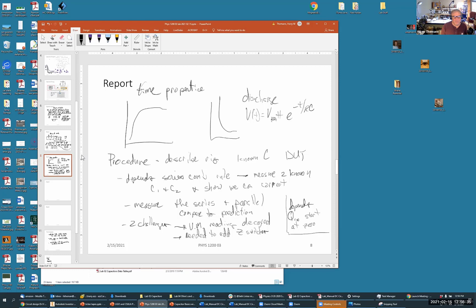Whenever we take any of the measurements, we assume that the cap started at 0 Q. When it comes to the time measurement, it takes care of itself because we charge and we discharge it through the voltmeter.